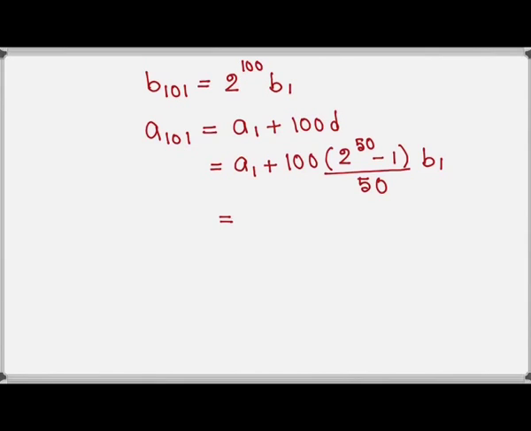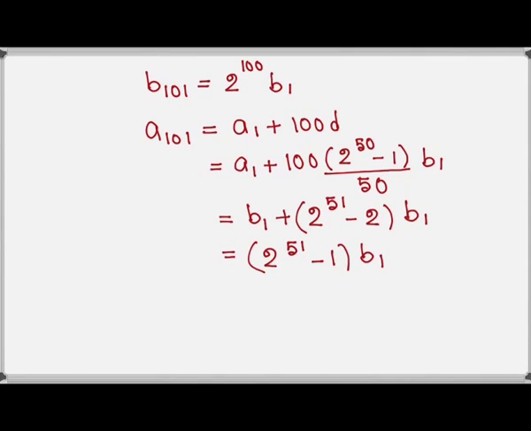Therefore, we have here A101 is equal to B1 plus, we are substituting B1 in place of A1, (2 to the power 51 minus 2) into B1. So basically we are getting (2 to the power 51 minus 1) into B1.